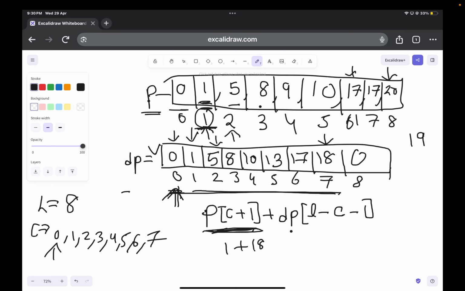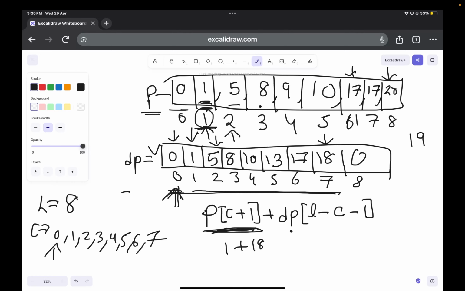Sir, should the length be now 7, because already 1 we have given for the price of cut 1? Should the length be 7 for the DP of, because for the 1 length we are giving the price, not for the 0 length.